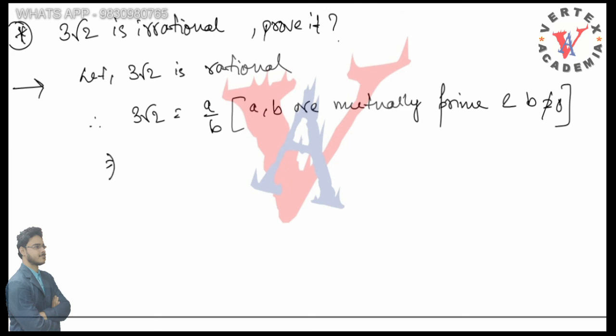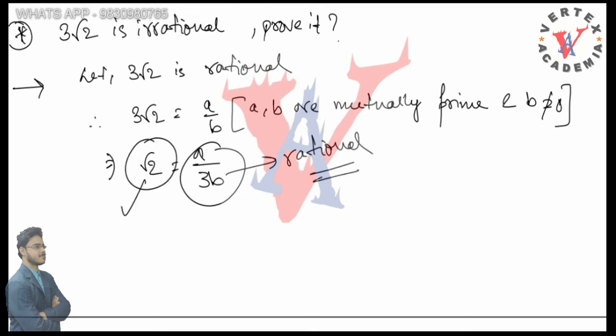So here root 2, if we take the 3 to the other side, is a by 3b. Now a is an integer, b is an integer, 3b is also an integer. So this part is integer by integer, this is rational. And this root 2, this is irrational. This again violates mathematics.